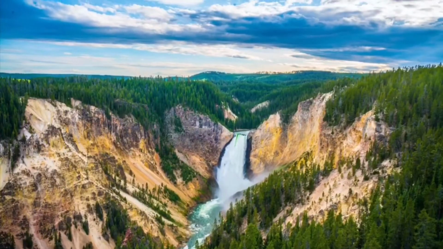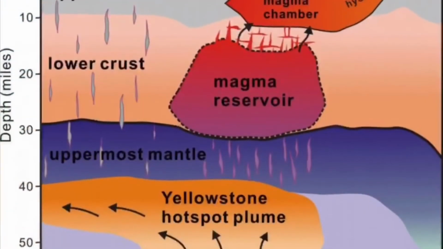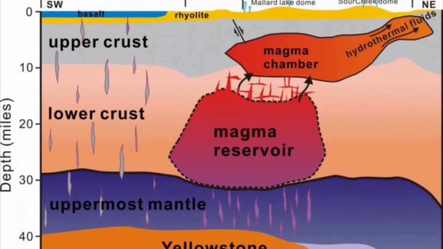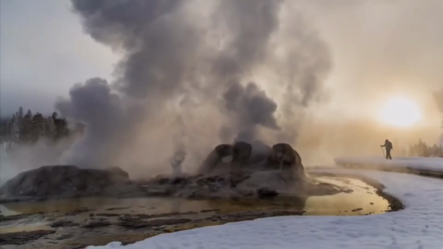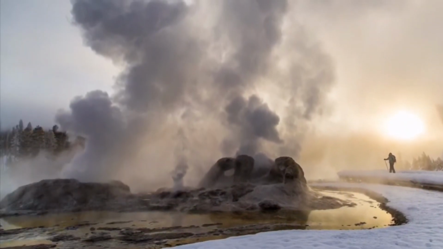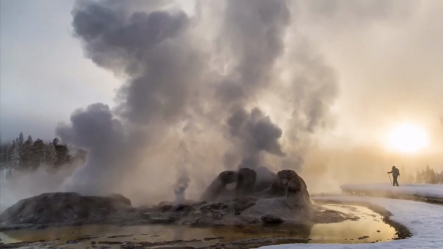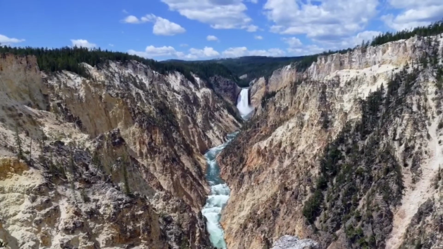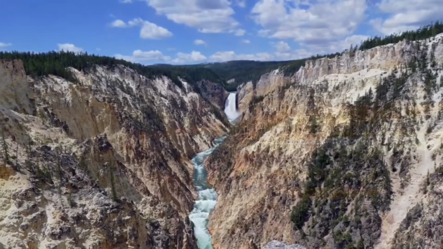All of this geologic activity formed mountains, plateaus, and canyons that define what Yellowstone National Park really is. Yellowstone National Park preserves more than 10,000 hydrothermal features, an extraordinary collection of hot springs, mud pots, and terraces.